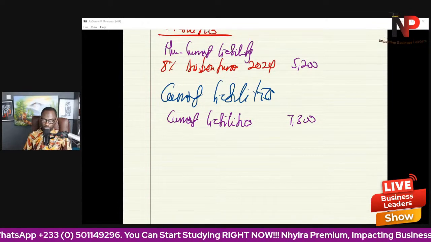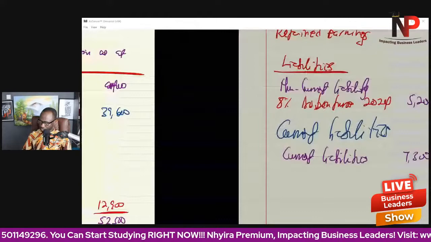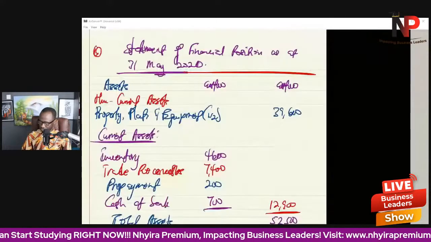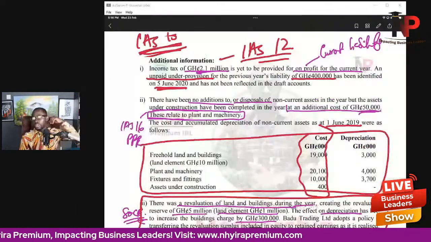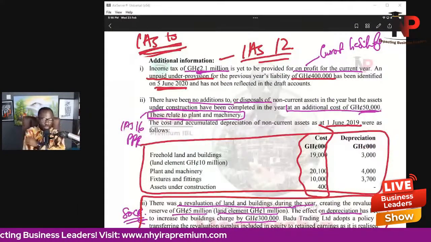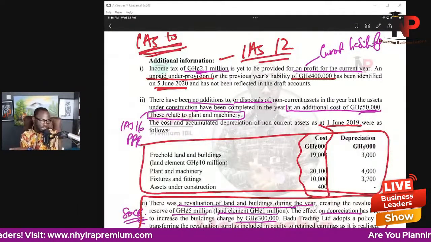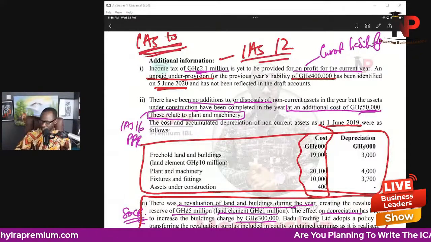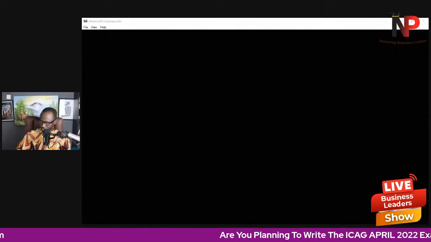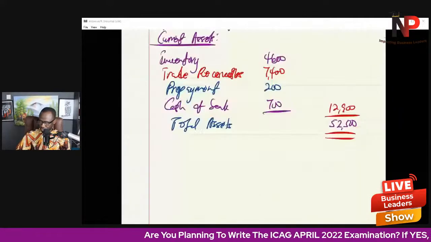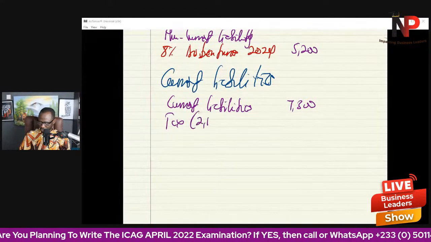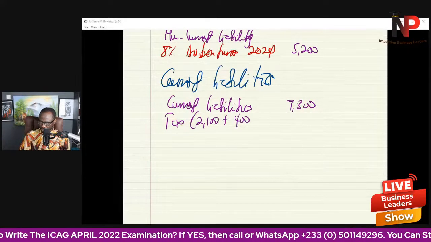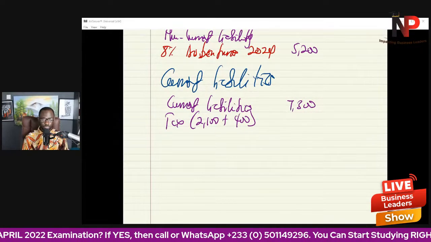Remember the taxes from footnote 1. It says that an unpaid under provision. So it means that the main provision for the year, so we bring in tax, the main provision for the year plus the unpaid under provision.